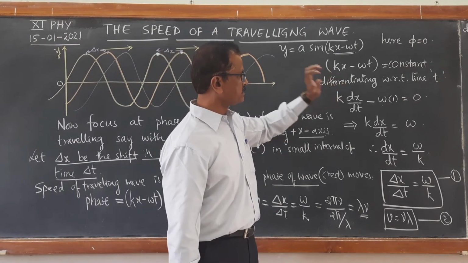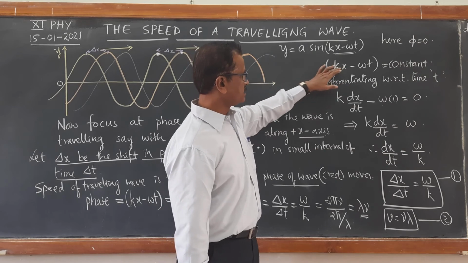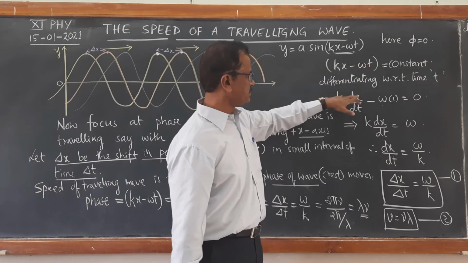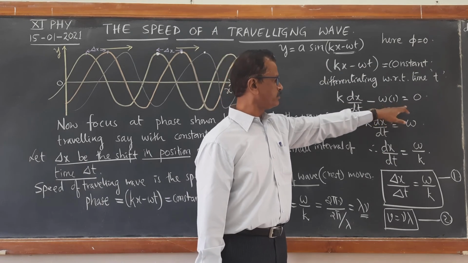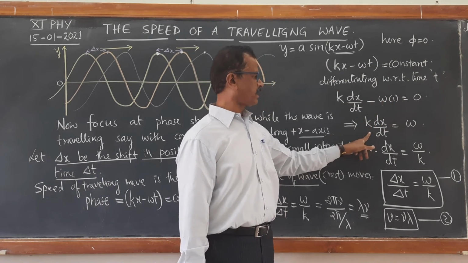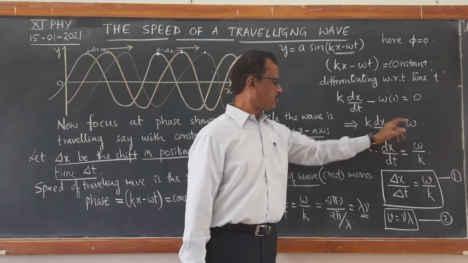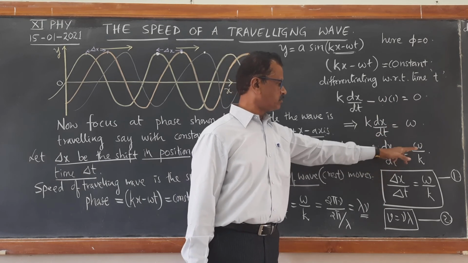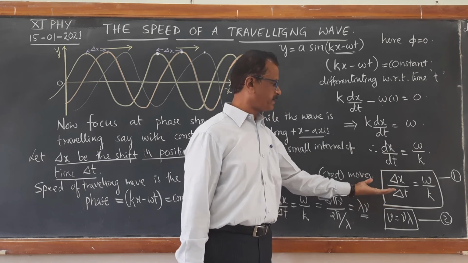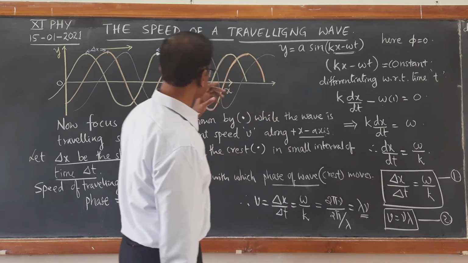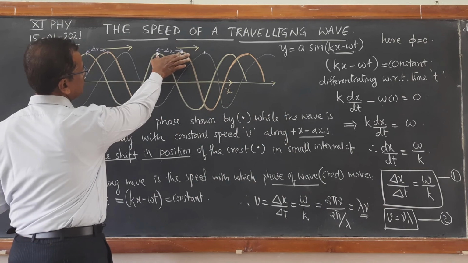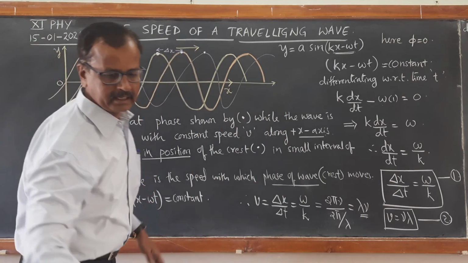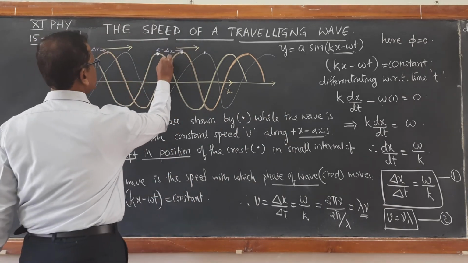Then differentiating with respect to time t, we get k dx by dt minus omega equal to 0. That implies k dx by dt equal to omega. So dx by dt is equal to omega by k. That itself can be taken as delta x by delta t, because we have assumed that the phase has moved through a distance of delta x in time delta t.